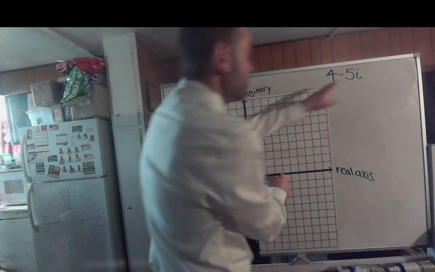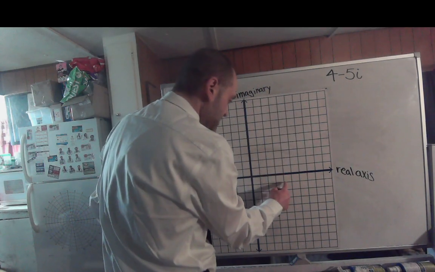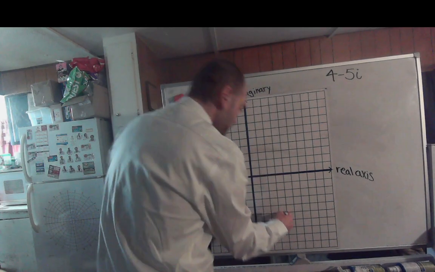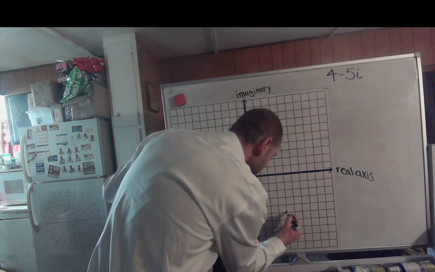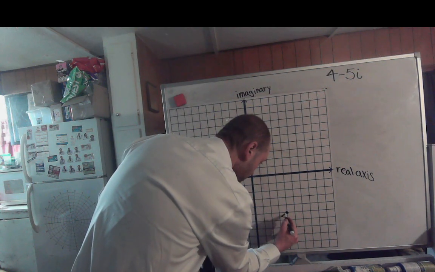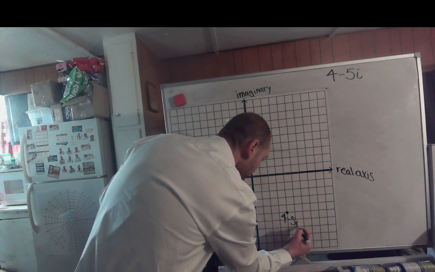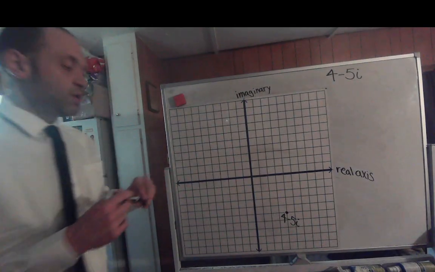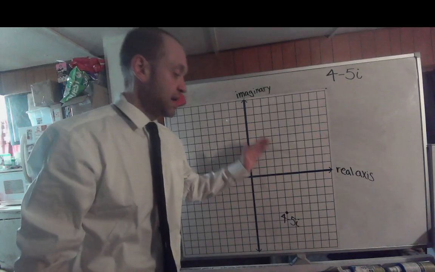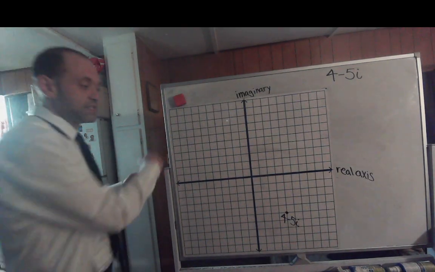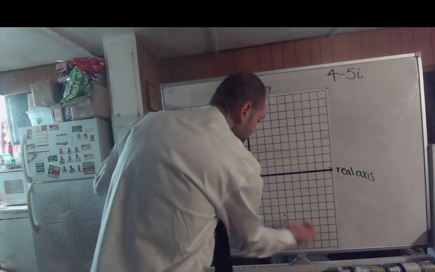And then I'm going to go down 5 on the imaginary, 1, 2, 3, 4, 5. Right there I plot my point. That is 4 minus 5i. So I would be in the fourth quadrant on the complex plane.